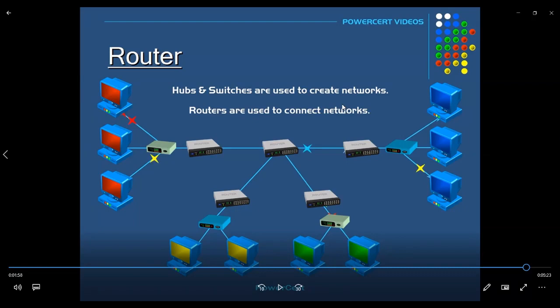Dynamic routing we can divide into two types, that is distance vector and link state routing, right? So that is how routing is happening. All these things we have to discuss in detail in the future, right?